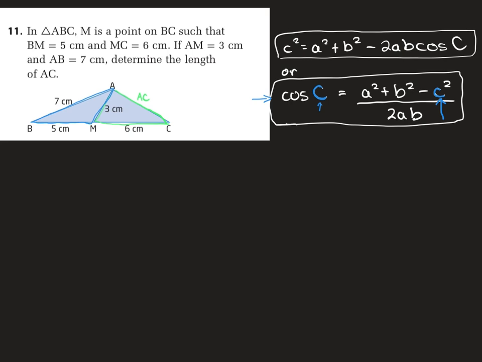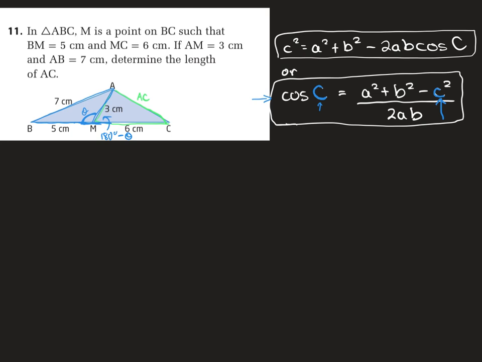Given that we have three sides, we can only find an angle. The best angle to find would be angle M, because BMC forms a straight line, which means the angle in the green triangle would be 180 degrees minus, I'll call that theta, minus theta. So that's the plan.